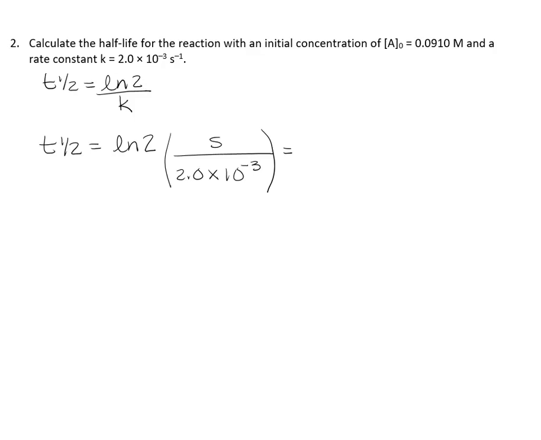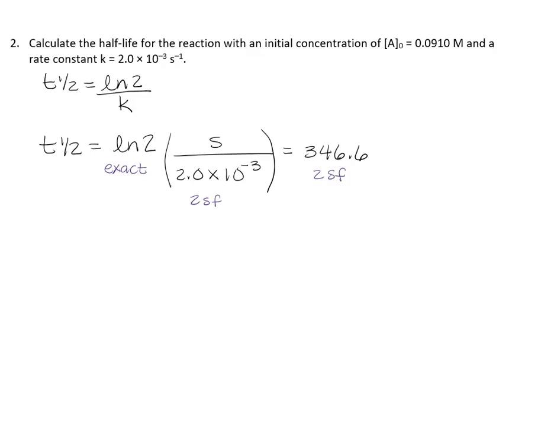Keeping track of the sig figs, as we said a little bit ago, ln 2 is exact, and in this example, k has 2 sig figs, so this t1/2 will be rounded to 2 sig figs. So we take the natural log of 2 divided by 2.0 times 10 to the minus 3, which gives us 346.6.